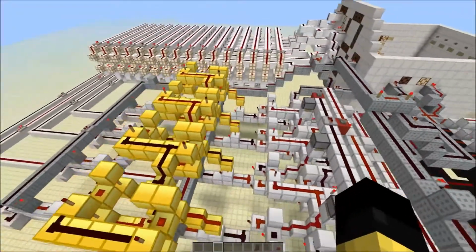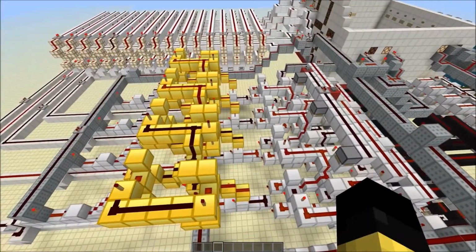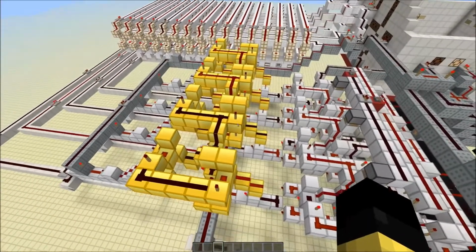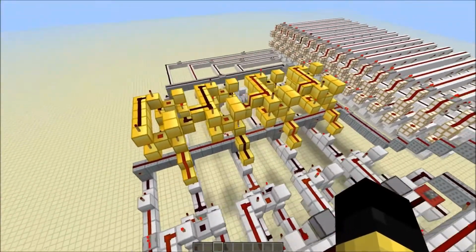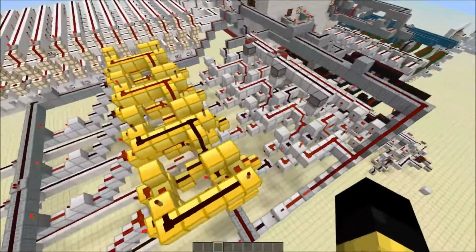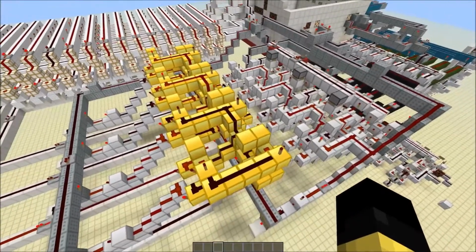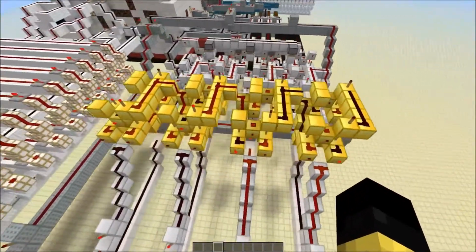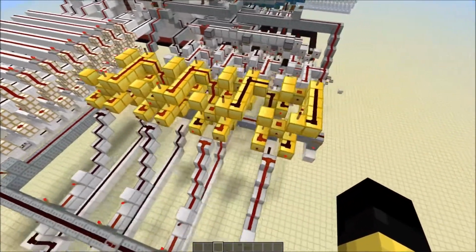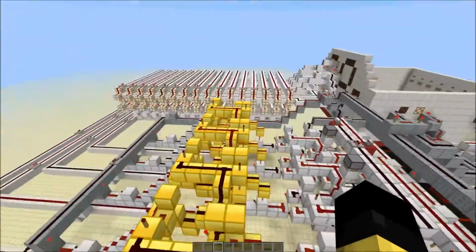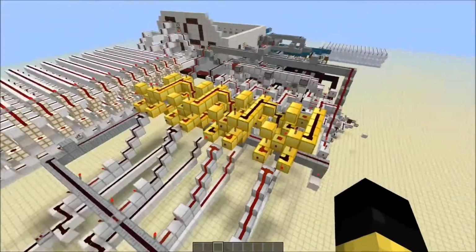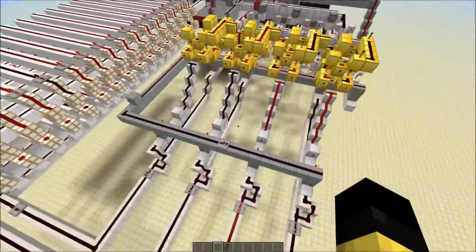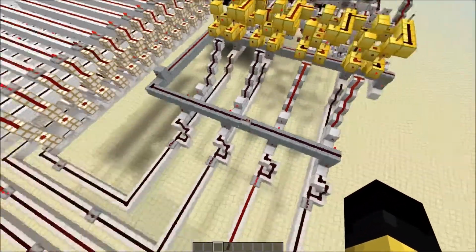Now for subtracting numbers, I've included a converter because the system works on a 2's complement negative system. And by adding another adder here, I can convert the complement to the correct negative number, which we use.